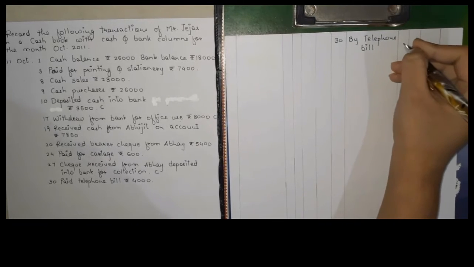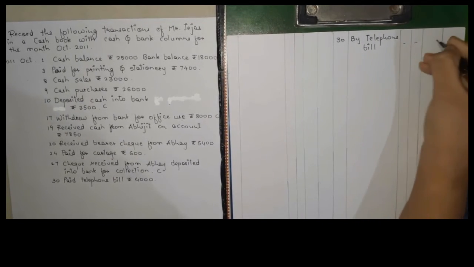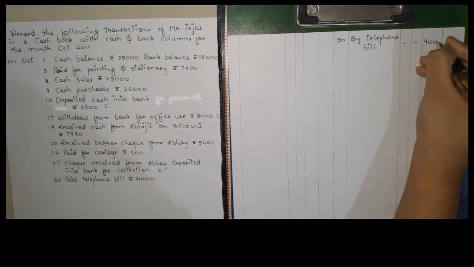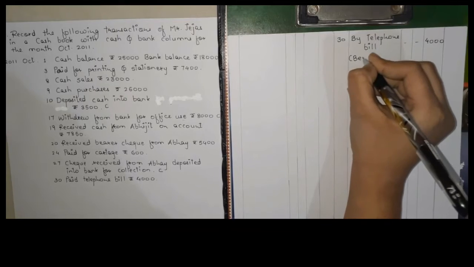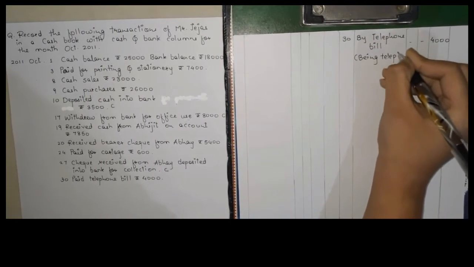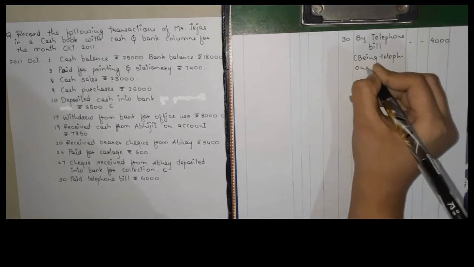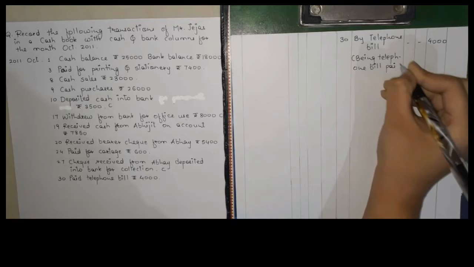No voucher number, no ledger folio number. The amount is 4,000. Narration for this, being telephone bill paid.